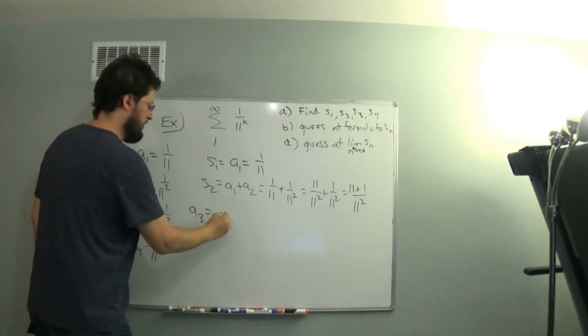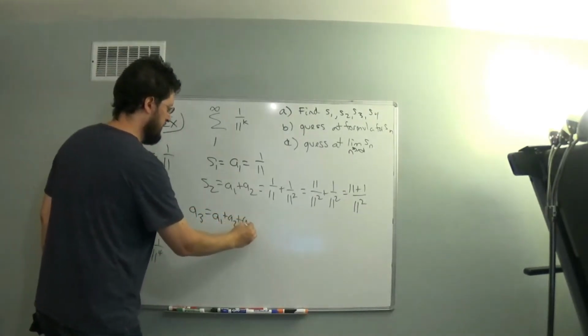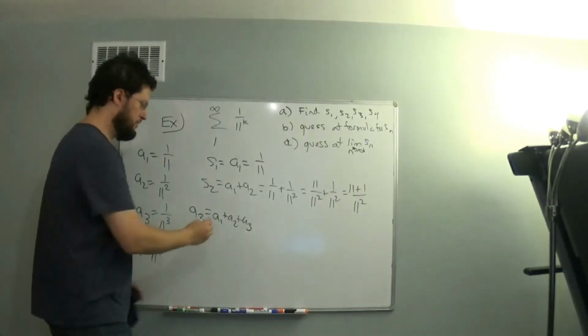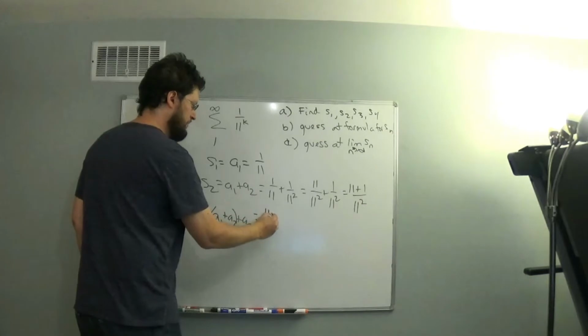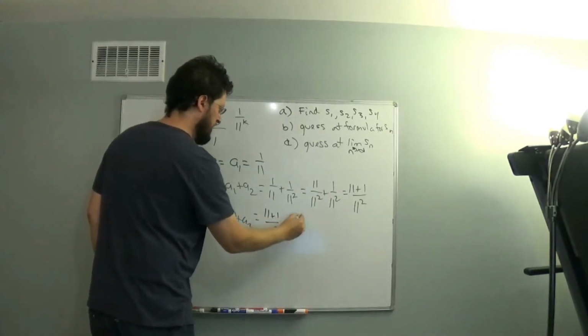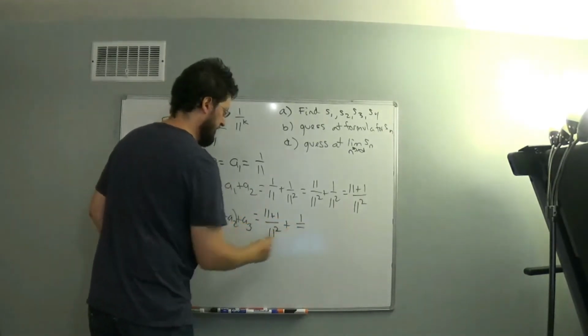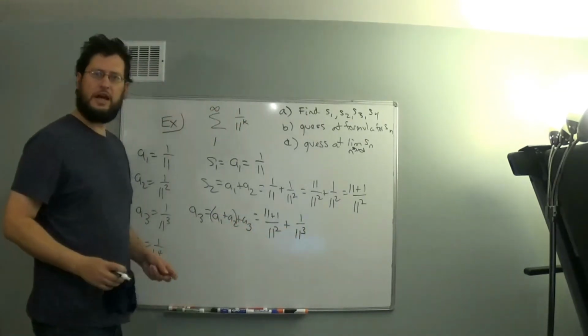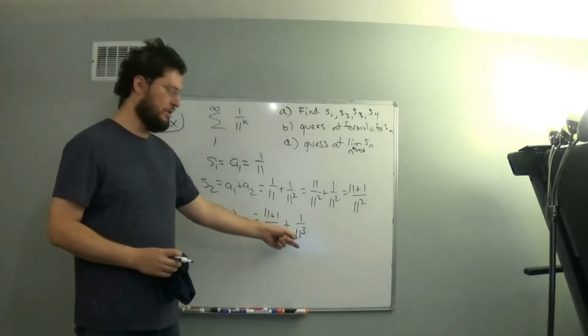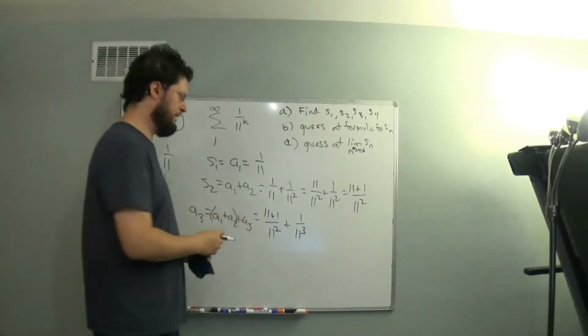S3 is A1 plus A2 plus A3. Well, A1 plus A2, we've already figured out: that's 11 plus 1 over 11 squared. And then A3 is 1 over 11 cubed. So if I need a common denominator, that would be 11 cubed. So I need to multiply this by 11 over 11.